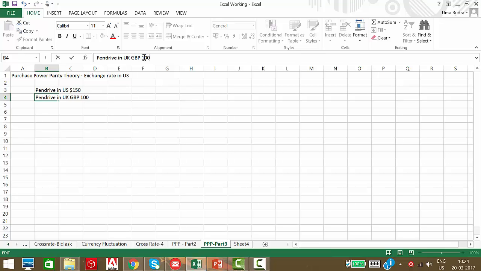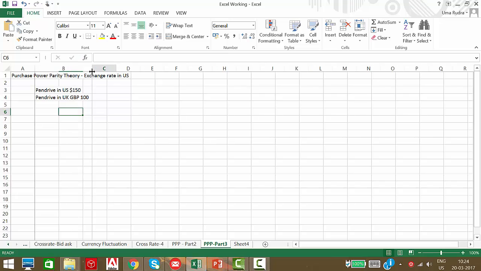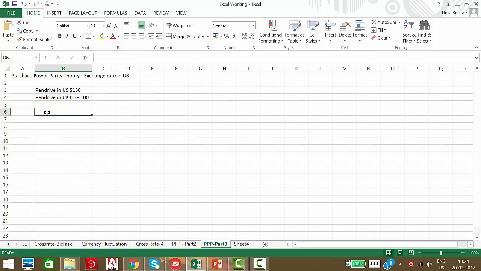So what is the exchange rate? The exchange rate would be USD 150 divided by GBP 100, which is 1.5 US dollars per GBP. That's the exchange rate.